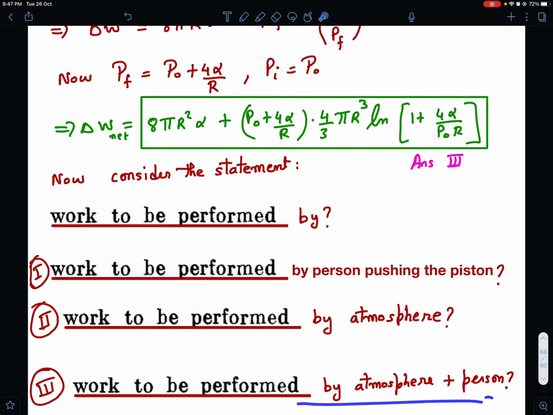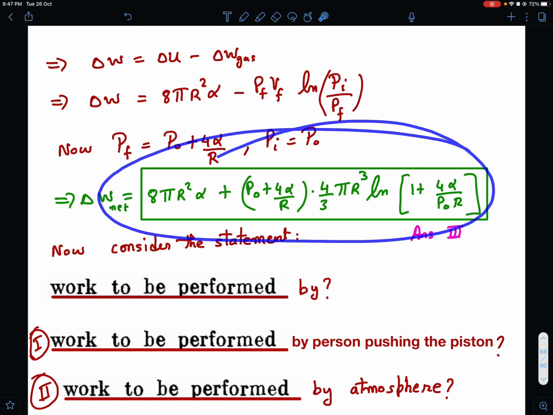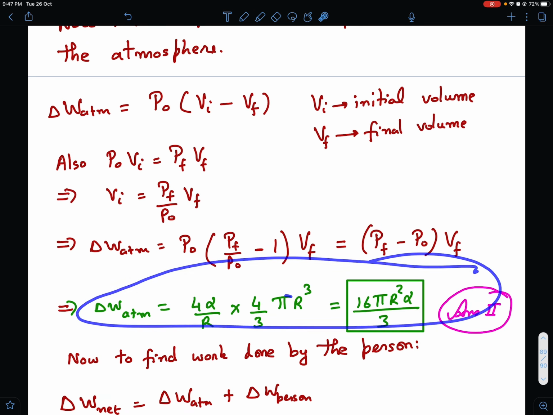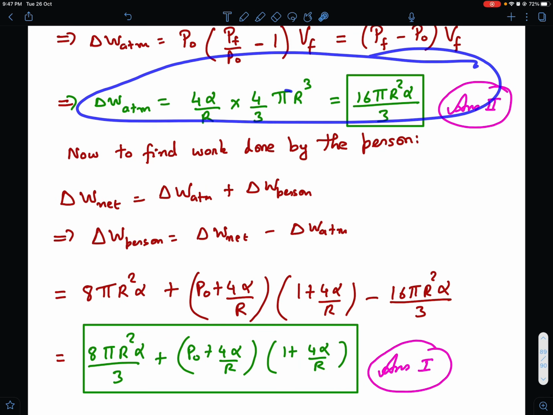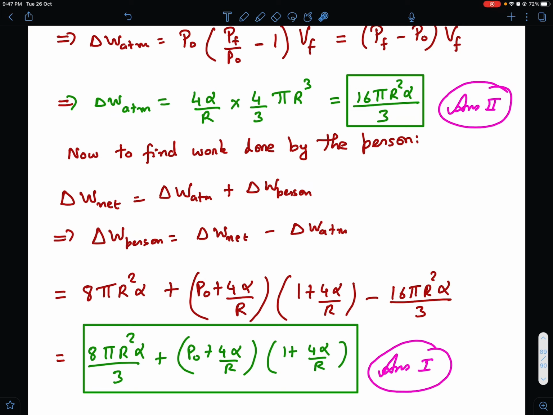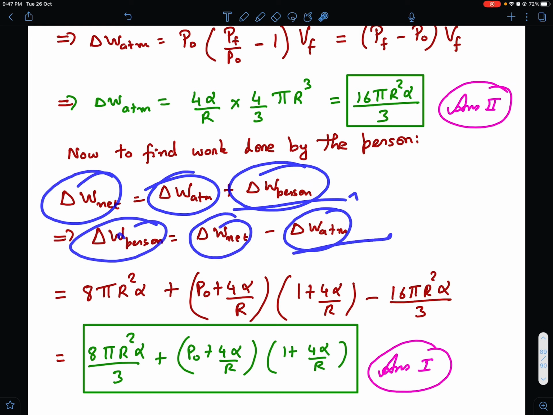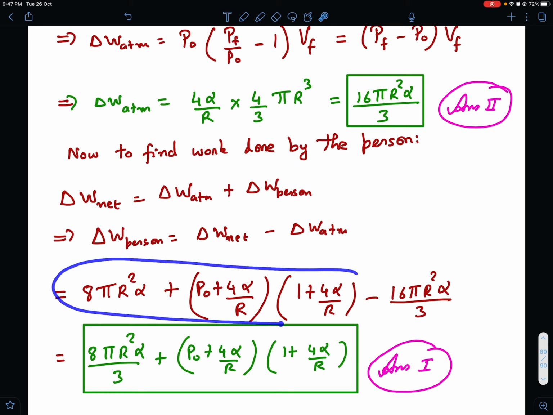Now what is the work done by the person? So I have the net work done, this is the expression for net work done, and now I have the expression for work done by the atmosphere. So now it's simple algebraic, not arithmetic, calculation. You can see that total work done must be equal to work done by the atmosphere plus work done by the person. So work done by the person is total work done minus the work done by the atmosphere.